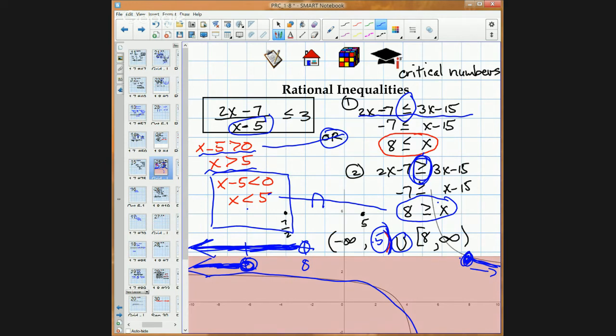So you have to do 2 scenarios. If the denominator is positive, then what happens? And that's what's above the line I just drew. And then everything below it is the other one, when the denominator is negative. And then you take your 2 answers and you put them together.